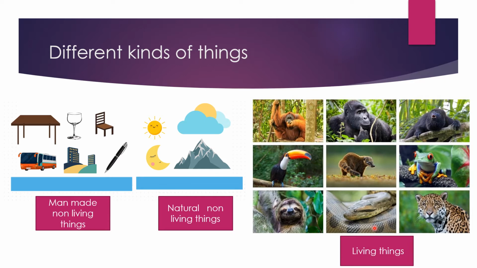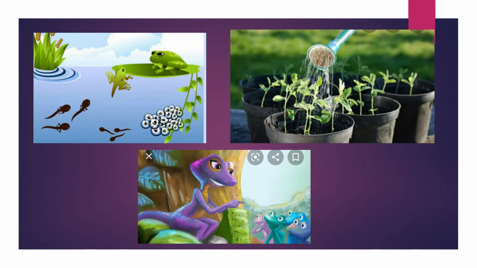Now just take some time and think, what are the criteria to be a living thing? Okay, these are the clues. Now see the pictures and try to guess what are the abilities that make things living.